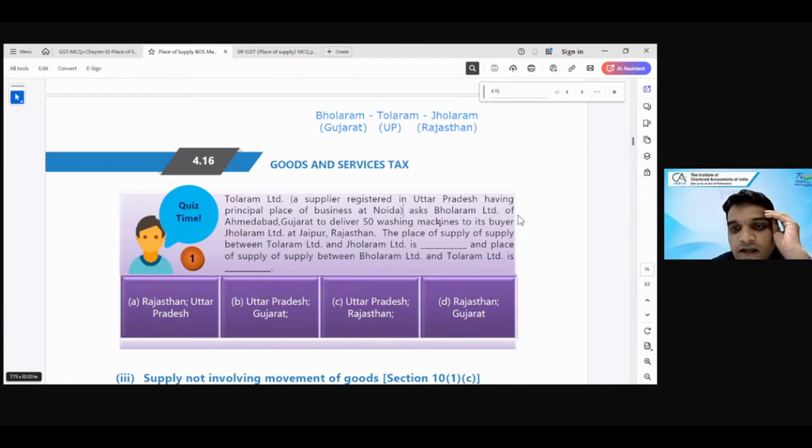Here it says the place of supply between Tolaram and Jholaram. We will generally think they will ask the first supply first, then this. No. In this case, they have asked what is the place of supply between Tolaram and Jholaram. What is it according to you?